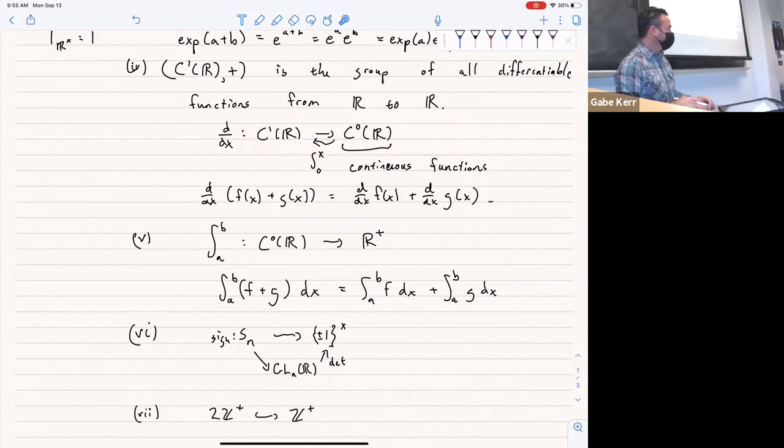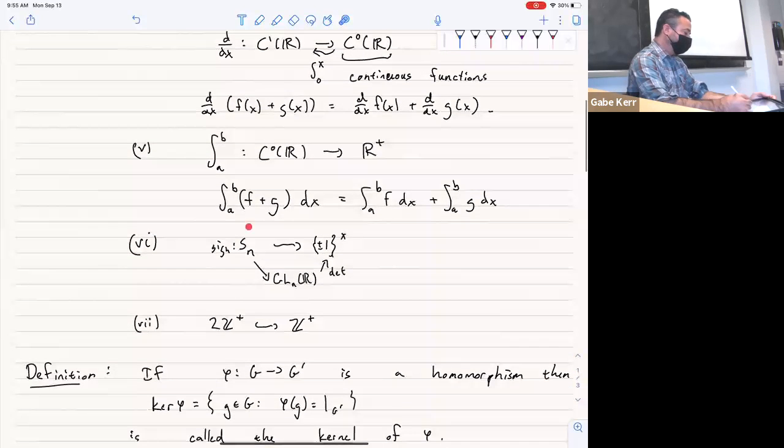The identity of Sn, 1 sub Sn, is the function that sends the numbers 1 through n to just themselves. So when we're dealing with groups, 1 just denotes that unique identity.